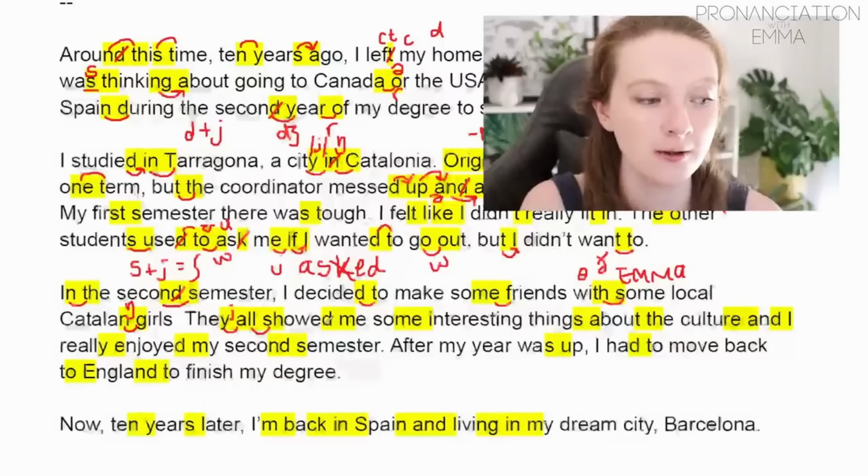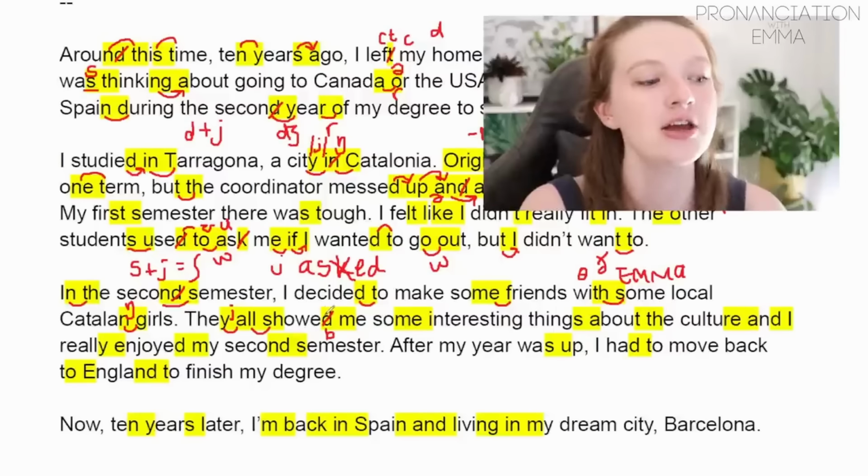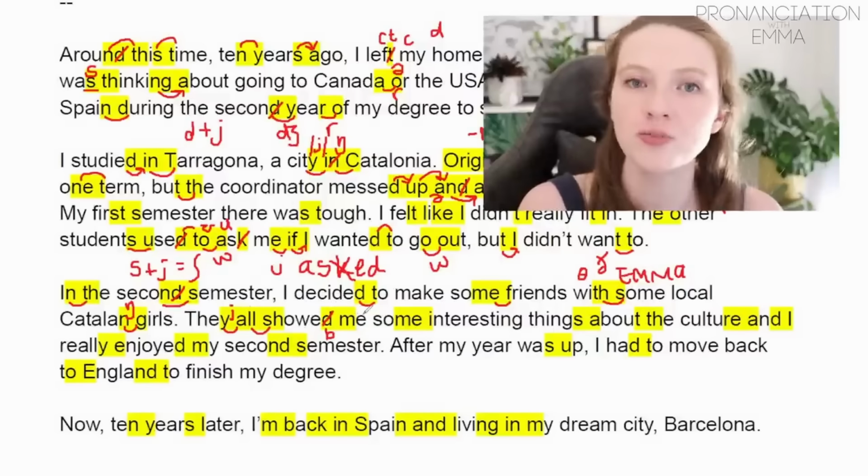Here's a dark L. So we're going to hold it, and then we move it to the sh. By it, I mean the tongue. So they all show me. We're going to change this duh to more of a b sort of sound, like a b, a m. Show me. So I'm not saying show me, but show me. They all show me some. So you see how it works when it's in natural speech. When it's slowed down, it sounds super weird.